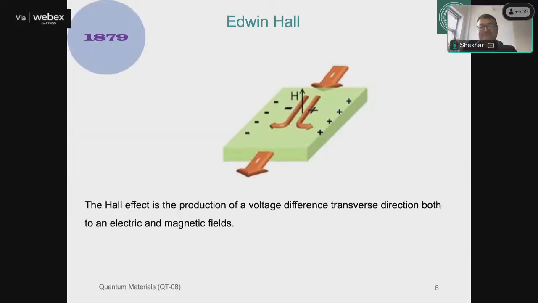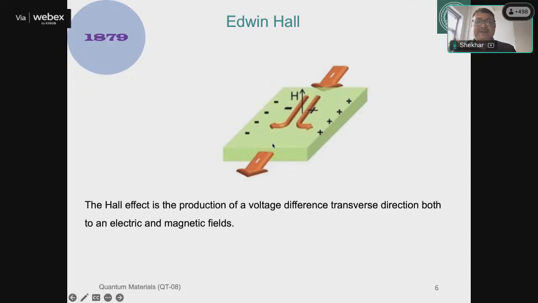Once we have a piece of material and apply a magnetic field, the simple definition is that the Hall effect is the generation of a voltage perpendicular to the applied current direction.